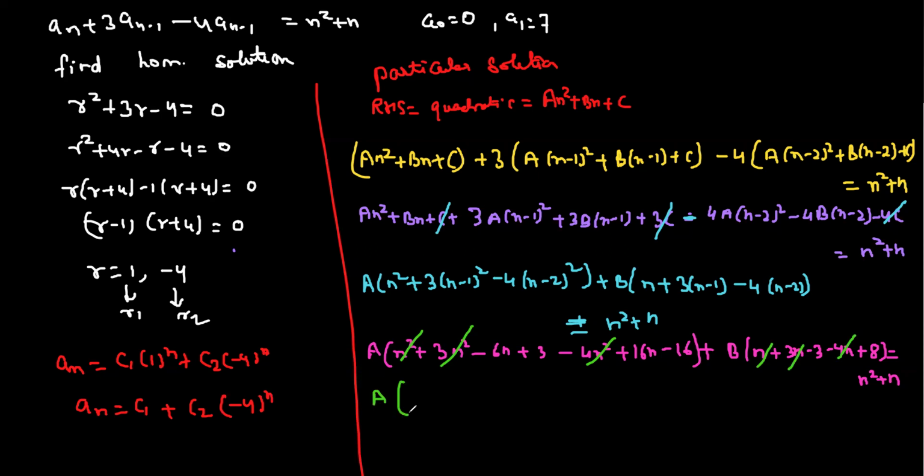So what you are getting? 10n minus 13. Understood? Right?